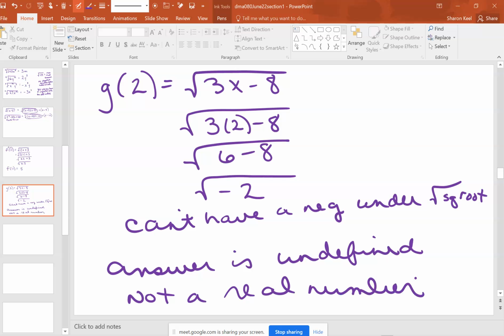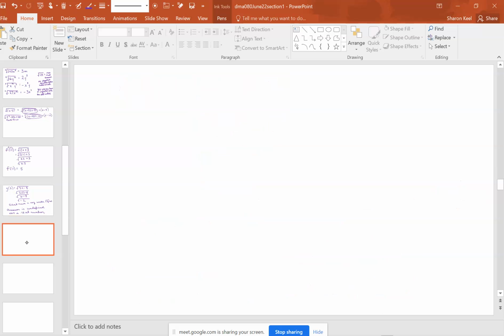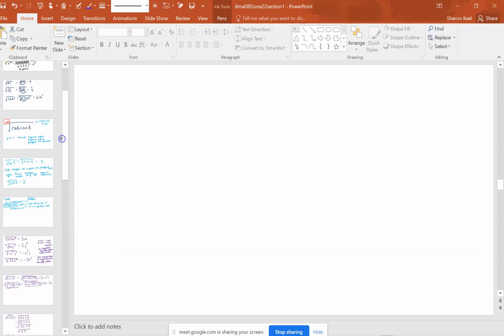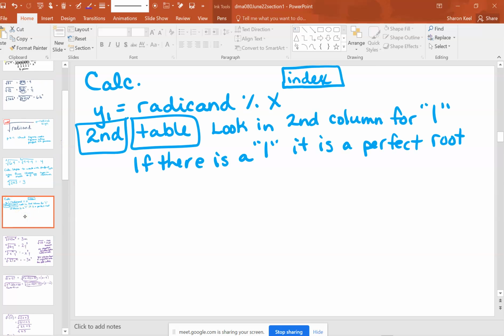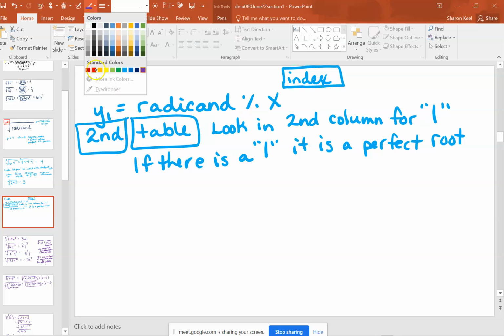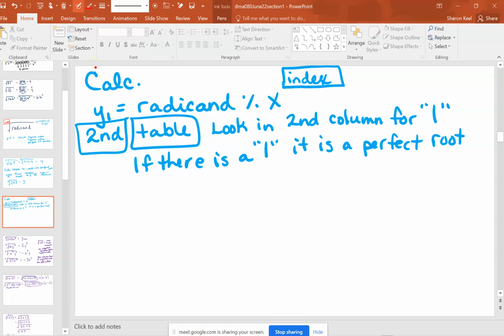Now, as you're working in section 1, you will have things that will be looking much like this. However, what I want to expose you to, which will be coming up a little bit later, but I want you to be somewhat familiar with, and I promised you we would come back to this slide here, is this. Let me add a different note. If we find the 1, there's a perfect root.